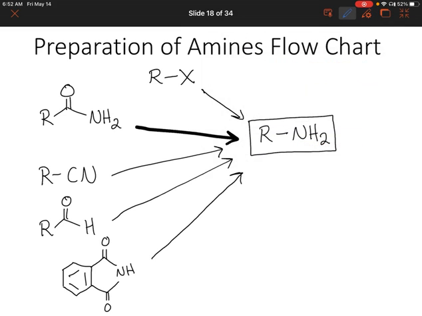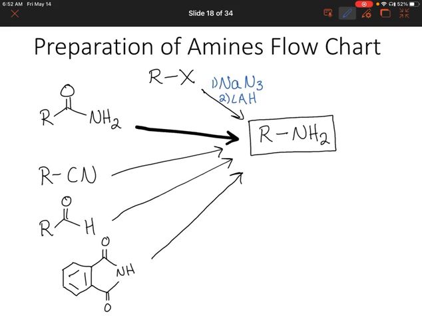Okay, so if we start with an alkyl halide, what we could do is use sodium azide, so that's NaN3, followed by lithium aluminum hydride, or you could also use hydrogen and platinum, or hydrogen and palladium mixed with carbon.